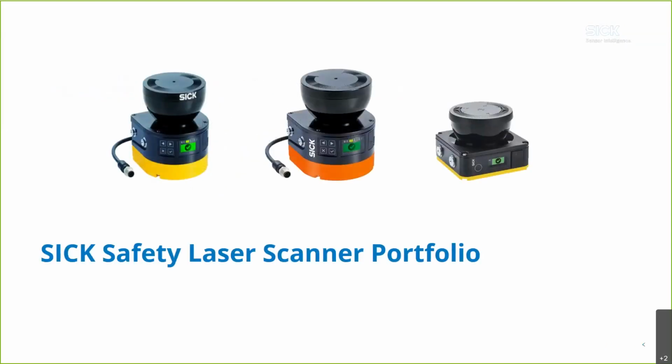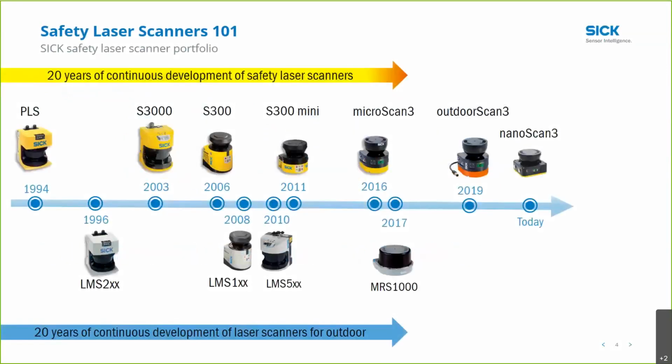So from a SICK safety laser scanner portfolio point of view, I want to start off with the history of safety laser scanners at SICK. Back in 1994, SICK invented the very first safety scanner based on 2D LiDAR technology. SICK actually invented the very first safety light curtain back in the early 1950s, and then some 40 or so years later invented the very first safety laser scanner based on LiDAR.